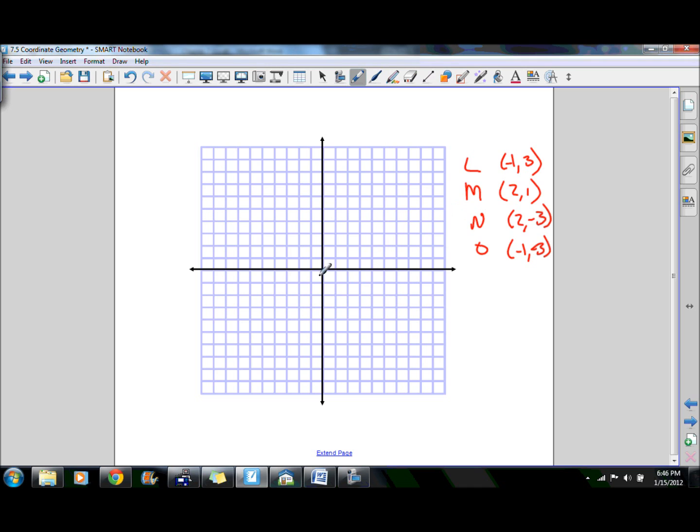Okay, so we have L is -1, 3 right here. M is 2, 1, that's right here. N is 2, -3, that's right here. And O is going to be -1, -3, right there. Okay, so if I connect all the points here, there, there.